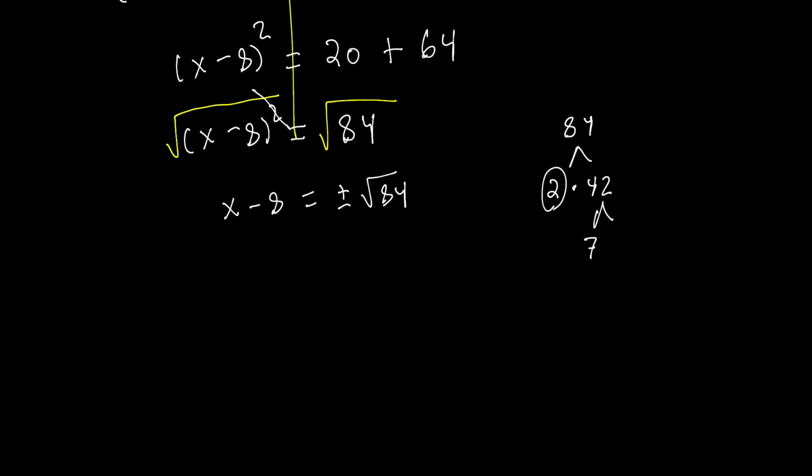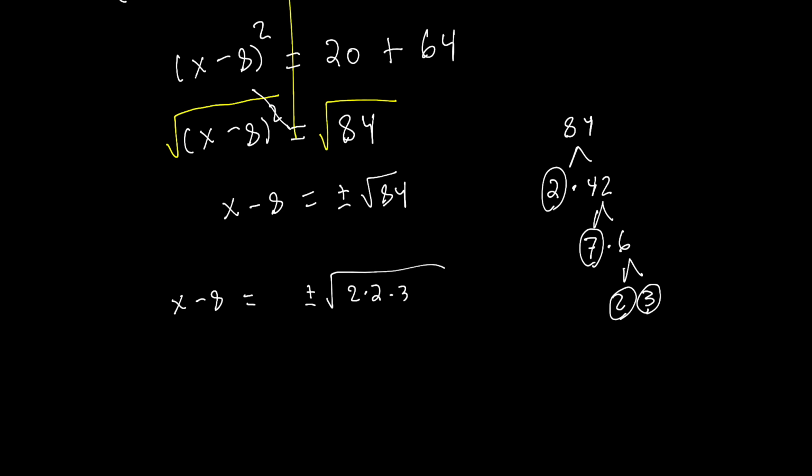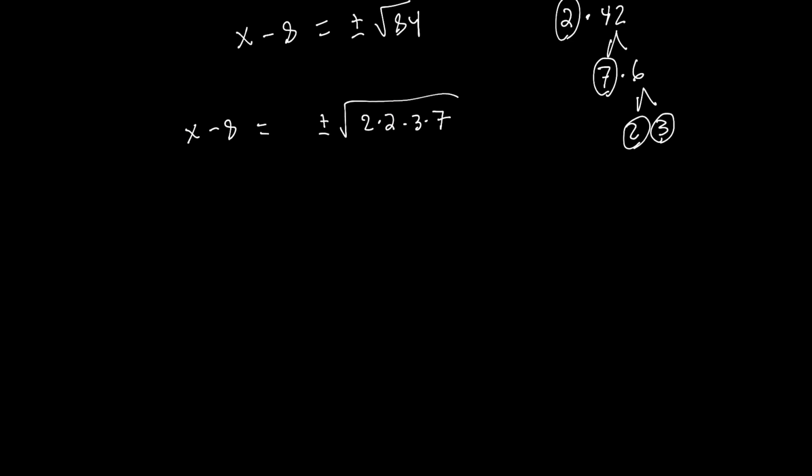42 is 7 times 6, and 6 is the same thing as 2 times 3. Now that I have all prime factors, I can rewrite the square root of 84 as the square root of 2 times 2 times 3 times 7.